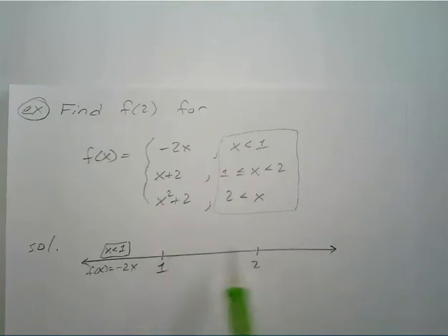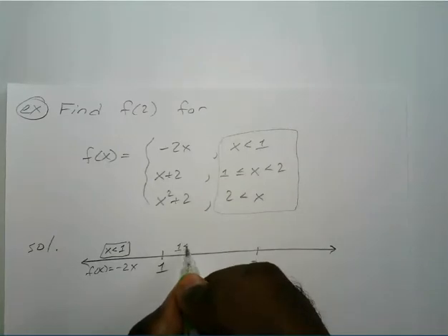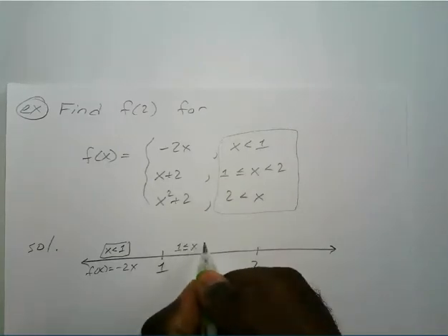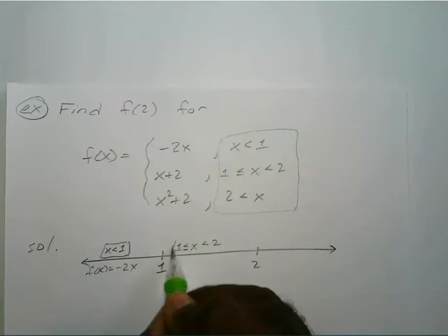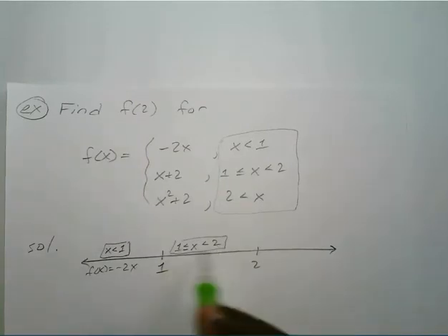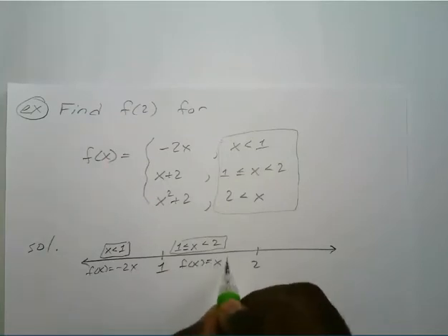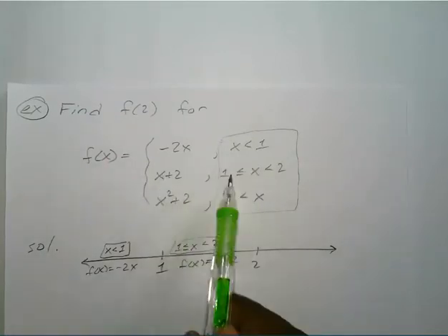Okay, what about between 1 and 2? Okay, when 1 is less than or equal to x, and x is less than 2, that means x can equal 1 because it'll be less than or equal to, but it can't equal 2. It has to be less than 2. When that's the case, our f of x is equal to x plus 2. You can see that.